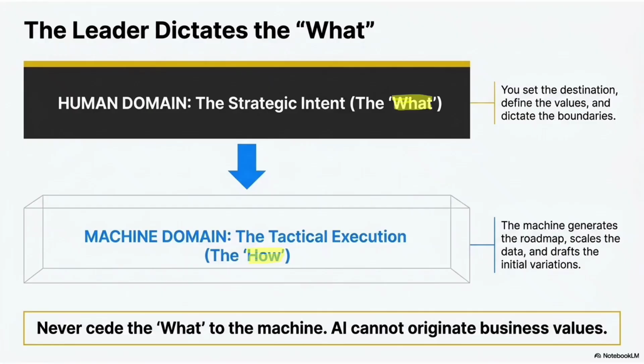AI cannot originate this. These are the things that it needs you to guide it. Otherwise, again, we're talking about generic AI slop. So let's avoid that and get elite outcomes that are going to help you drive to success in whatever you're attempting to do.